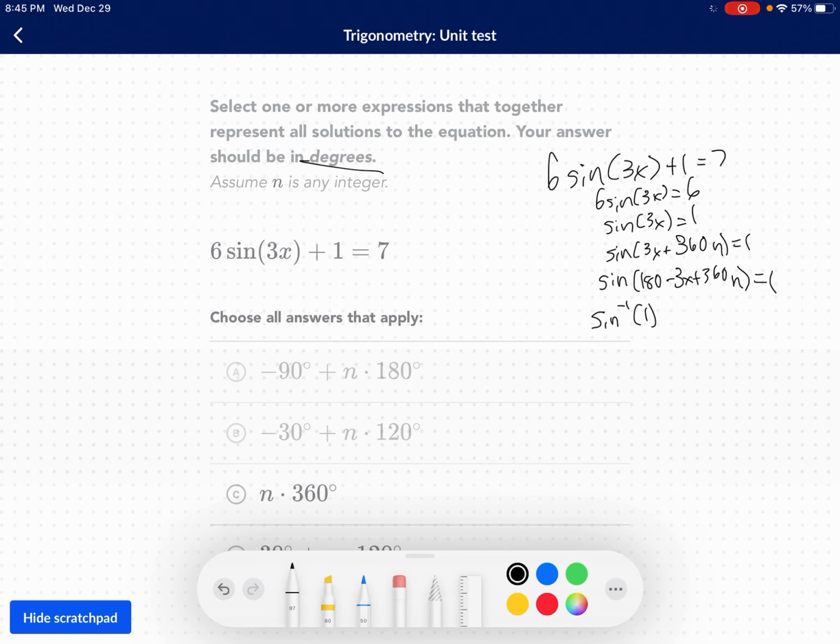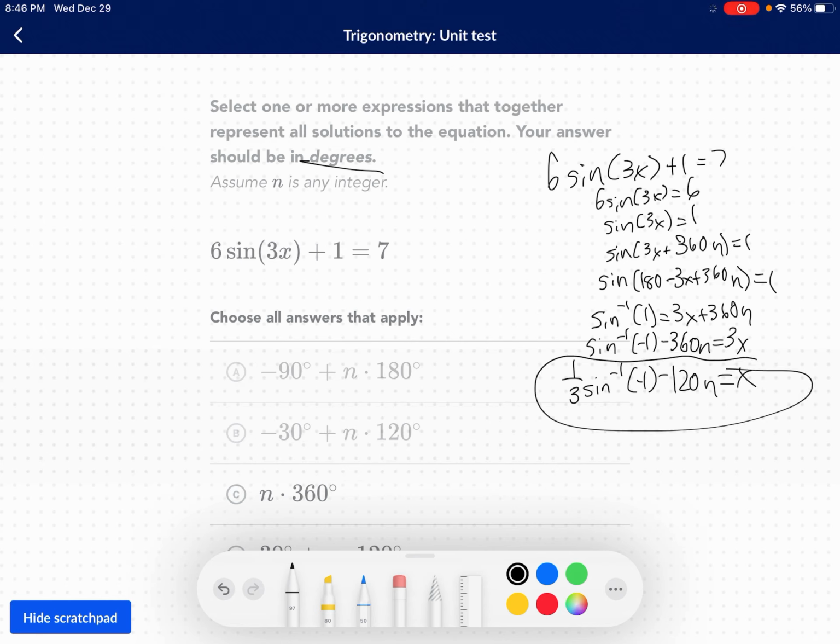Inverse sine of 1 equals 3x plus 360n. Subtract 360n from both sides. Equals 3x, and then take a third of both sides to isolate the x. 1 and minus 120n equals x. That's one solution. And then I'll do this one next.